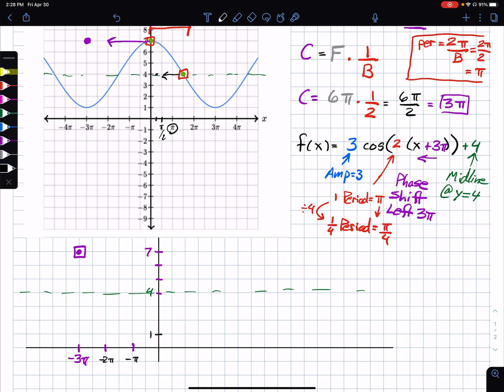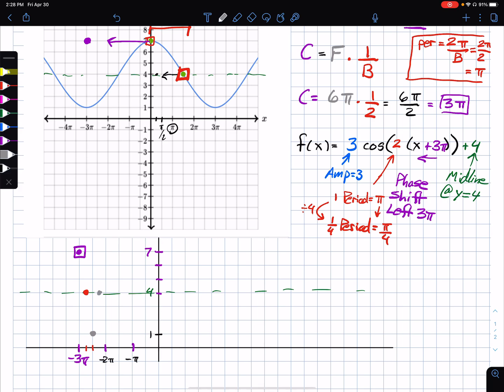Okay, so this other dot is going to have to be pushed over, so it's just a quarter step away. So a quarter pi step, you're really going to have to parse this down and cram that dot right in there. And that's going to be a pretty squished picture now.